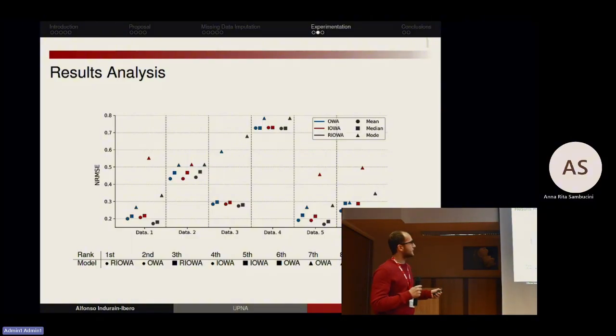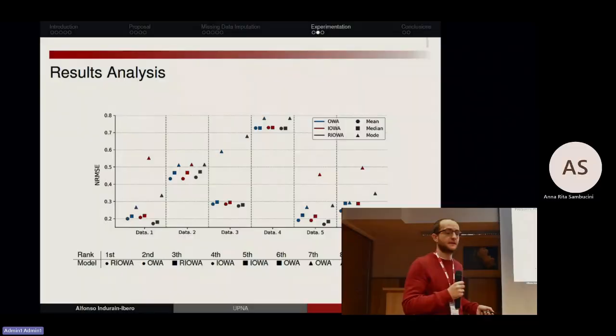Another remark is that we are displaying errors, not accuracy, so the lower the marker, the better for us. As you can see, most of the time, in 5 out of the 6 datasets, our restricted IOWA operator outperforms both the OWA and the IOWA, except in this one, which actually is the only normally distributed dataset that we have checked.